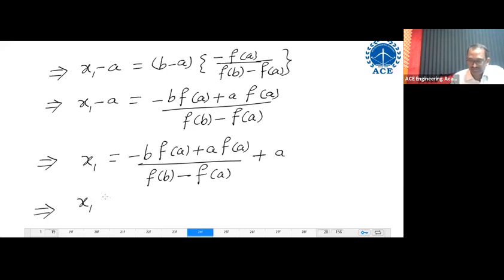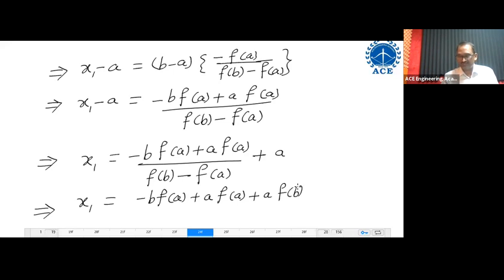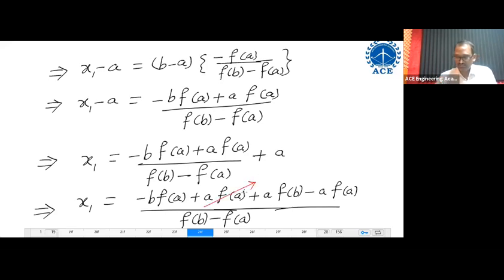Simplify this. X1 is equal to minus b into f of a. Now, by taking LCM, it is a into f of b minus a into f of a. Here plus a f of a and minus a f of a cancel each other.